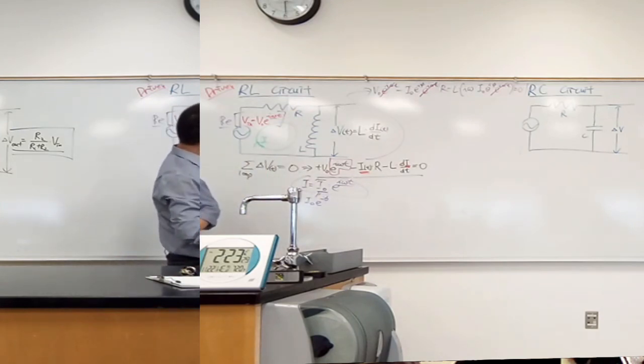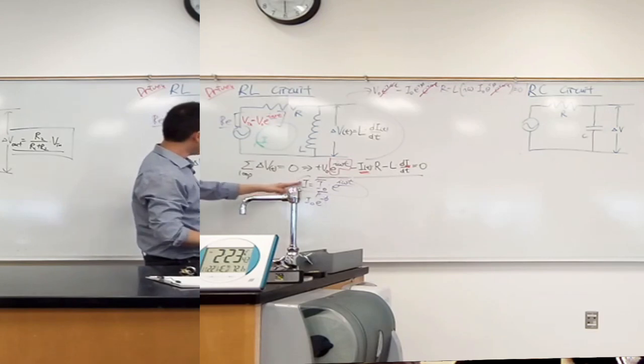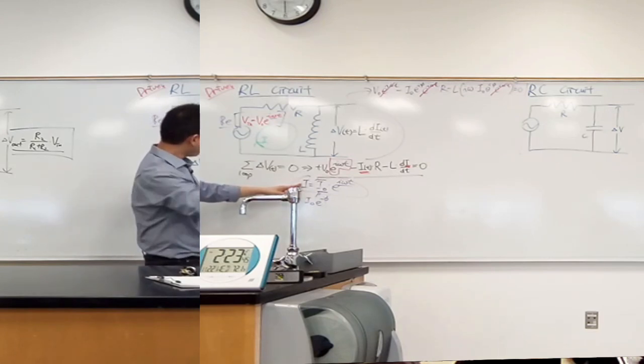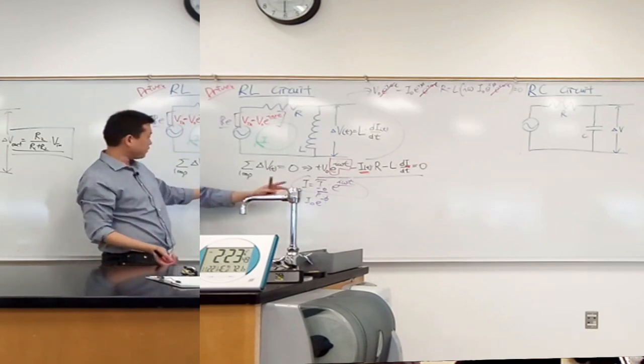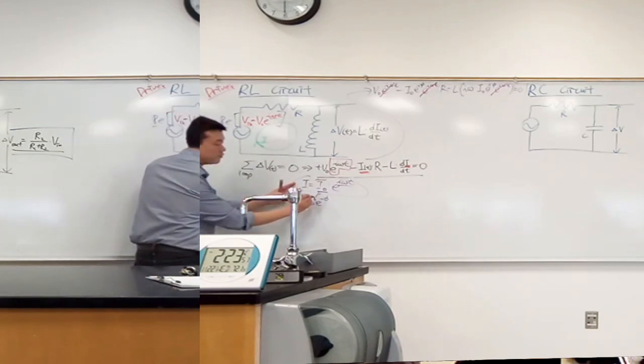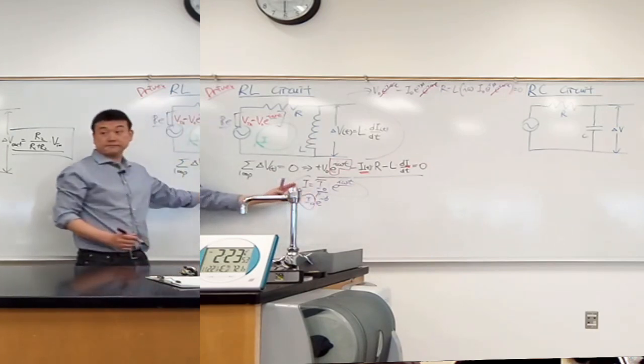So what I'm going to do is solve this for current I. I guess this is really the main unknown that I'm trying to figure out here. I'm really trying to figure out this I naught.